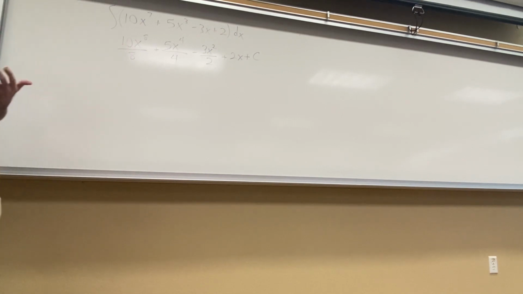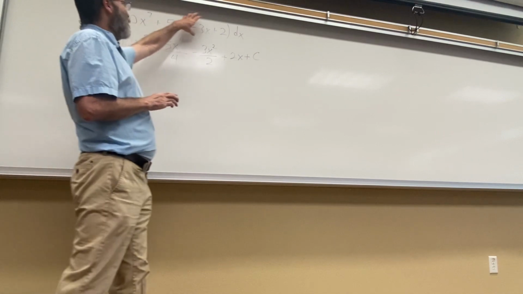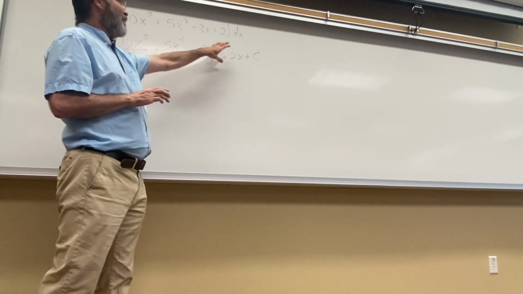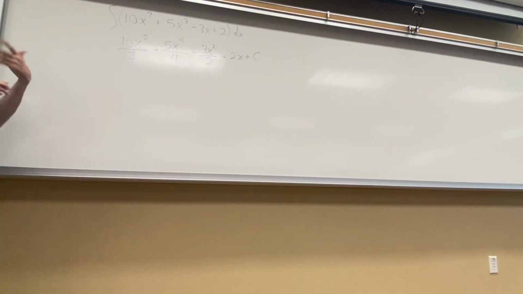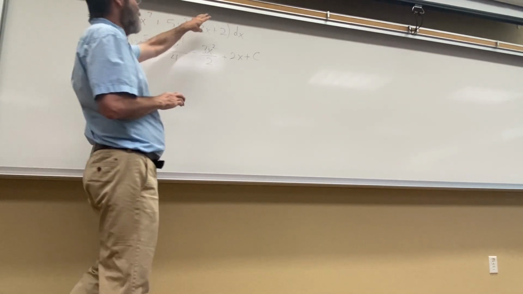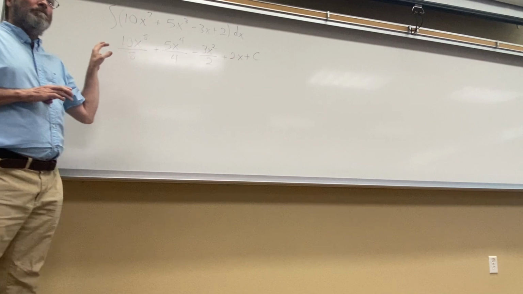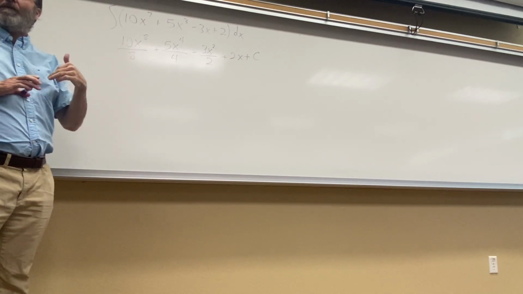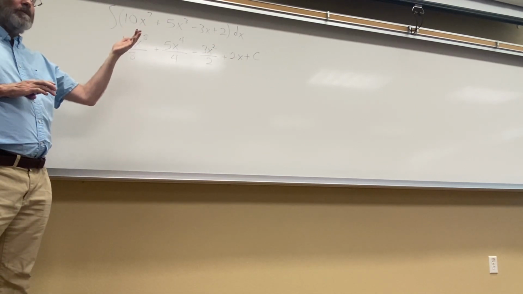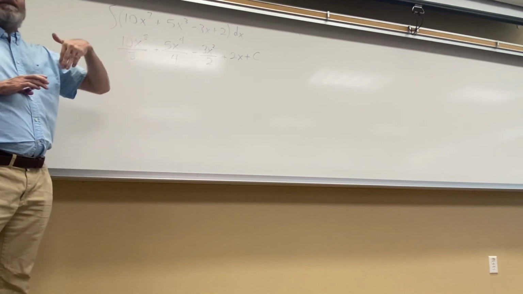When we take the antiderivative of it, that's going to give us back the original function. So if this was a velocity function, this would be the position function. Because remember, the derivative of the position is velocity. So the antiderivative of velocity is going to be position.